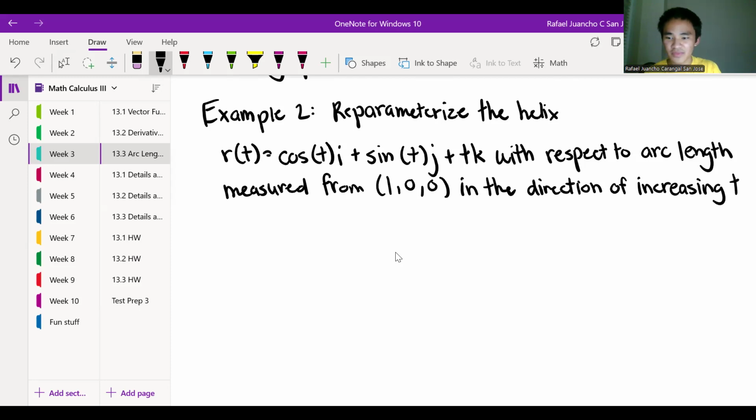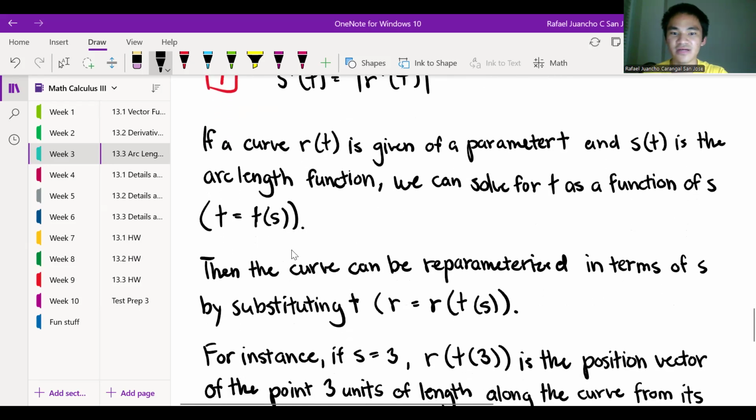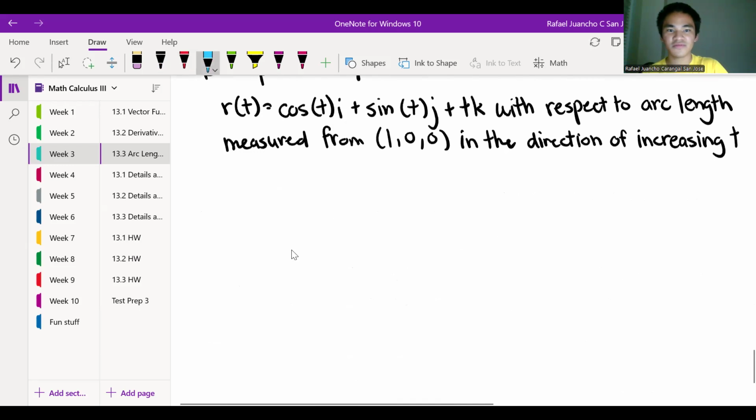Okay, that is really confusing at first. Let's see. The first thing we want to do is find arc length, s of t, which is just the same as s.